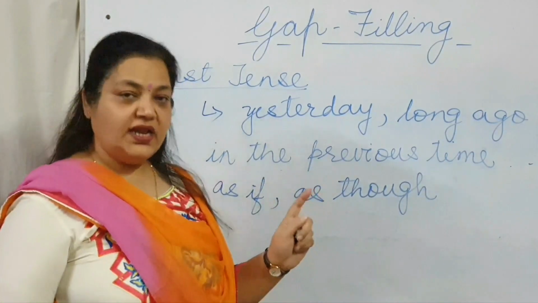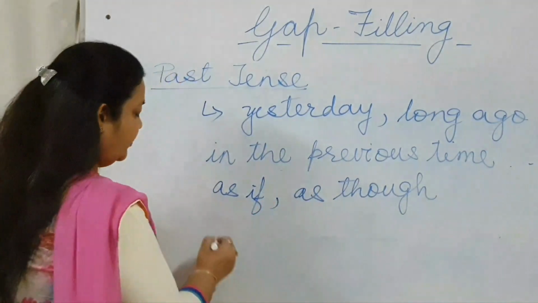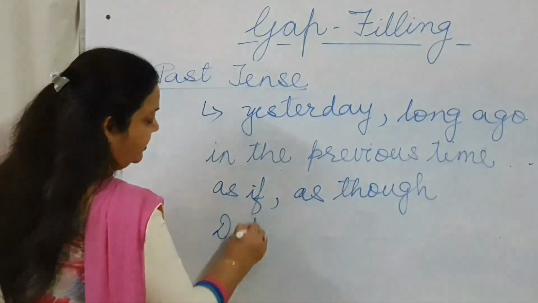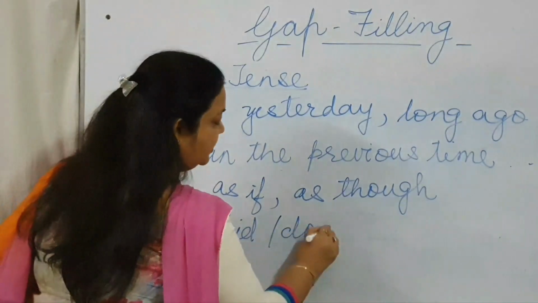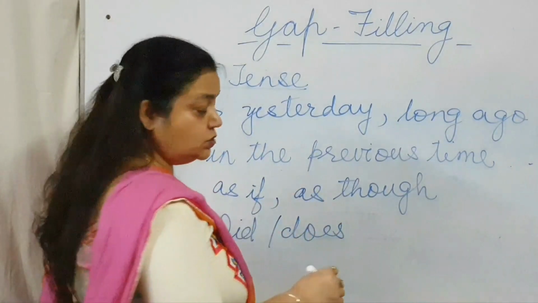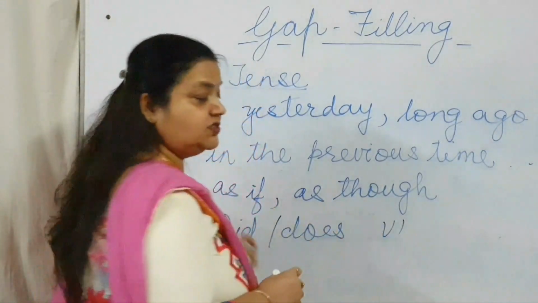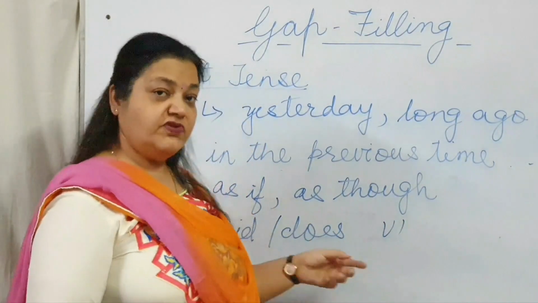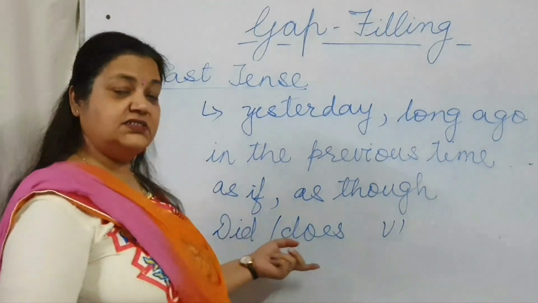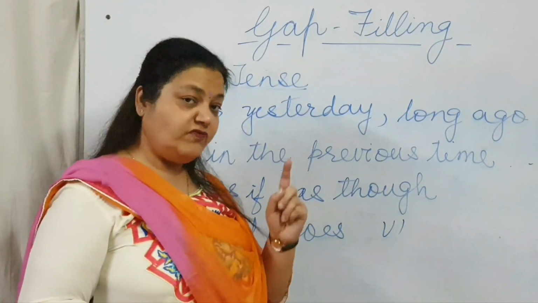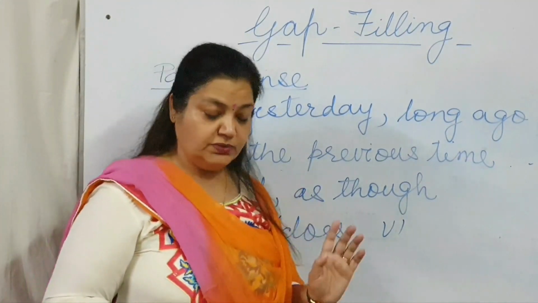At this point, I would like to tell you that if there are words like did or does in a sentence, then also we use the first form of verb.